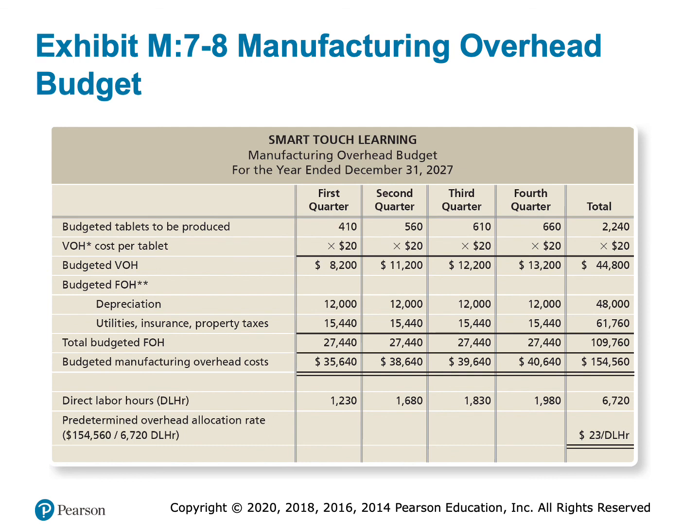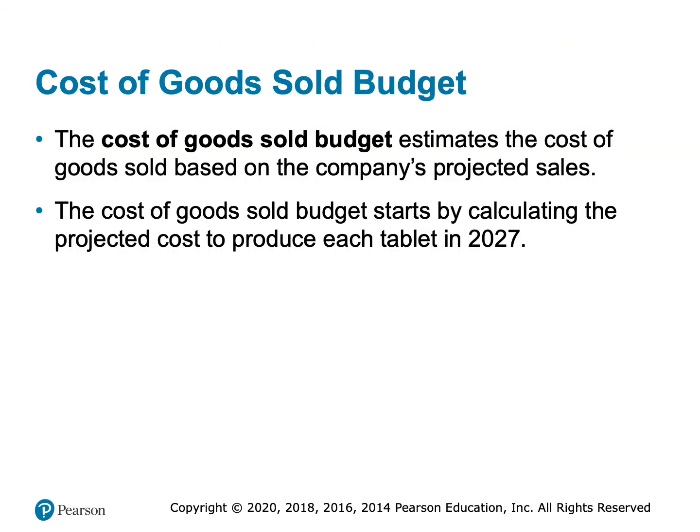Okay, so now we've done the sales budget, the production budget, we've done all three of the product cost budgets. Now it's time to do what's called the cost of goods sold budget. The cost of goods sold budget is going to calculate the total cost of one unit. How much does it cost us to make one unit?